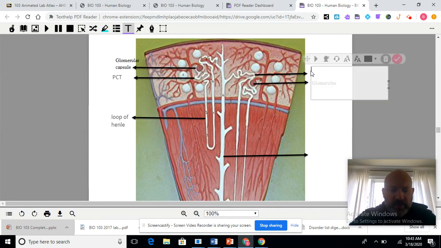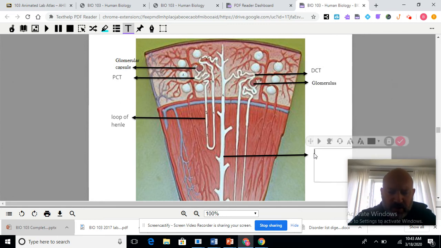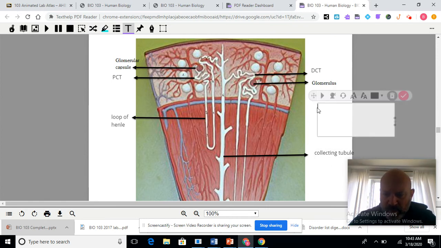So let's fill that in, DCT. Then everything drains into this, which is called the collecting duct or collecting tubule.